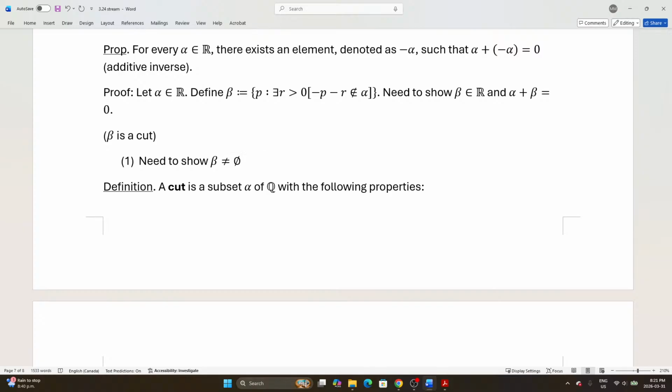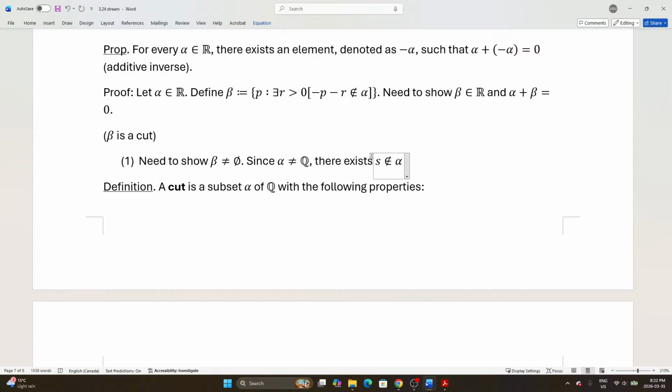Beta is not an empty set. Since alpha is a cut, alpha is not empty, and actually alpha is not the whole of Q. So I can find something that is not in alpha: there exists S that is not in alpha.